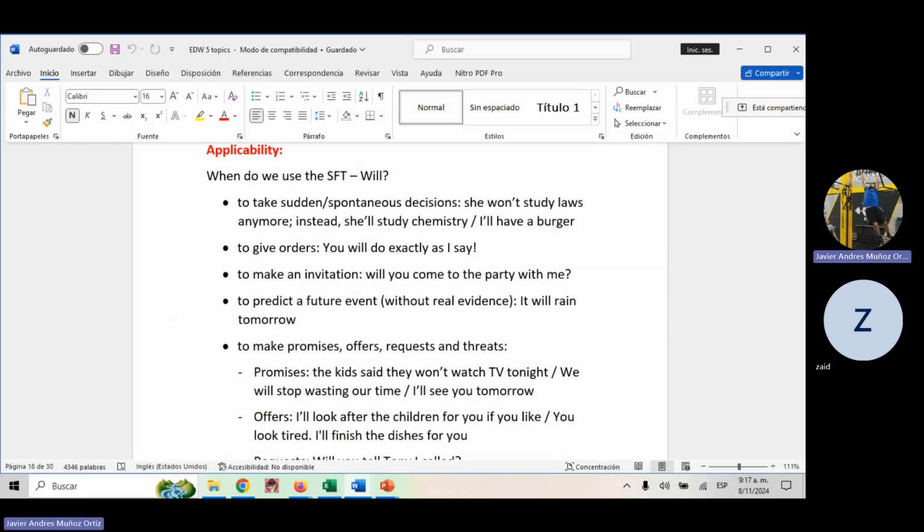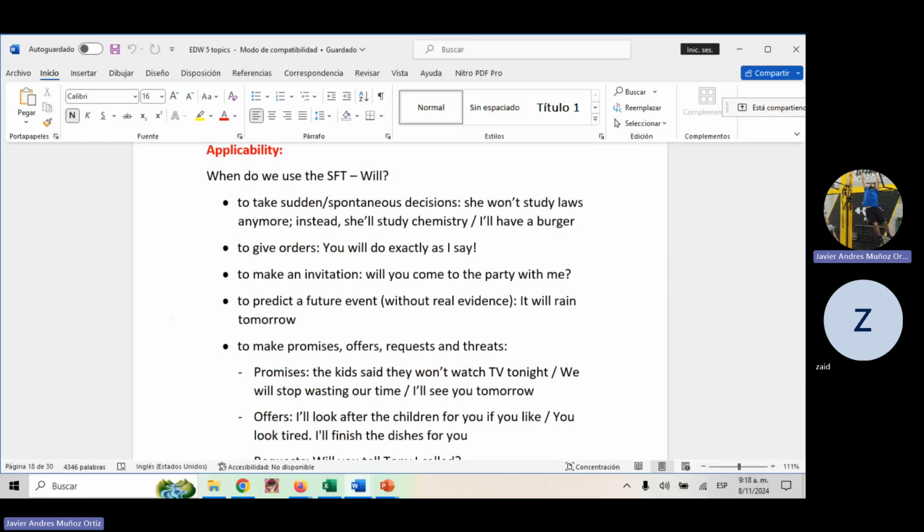We're going to use future will to take spontaneous decisions. The typical example is, once again, you're in a restaurant and you want to eat something delicious, but everything on the menu is delicious, so you choose option A, right? So this is something spontaneous.